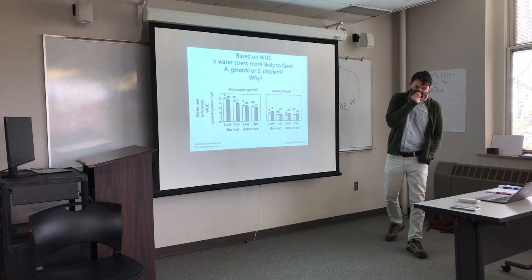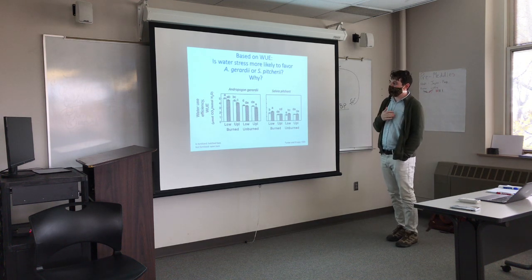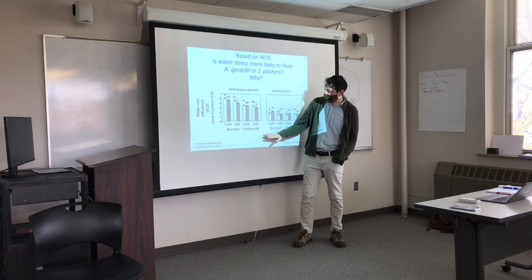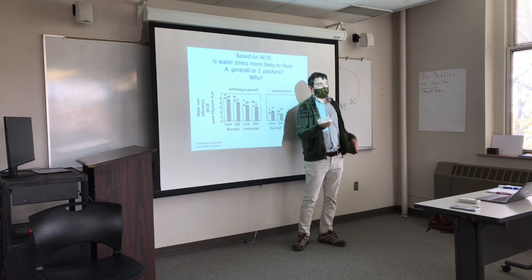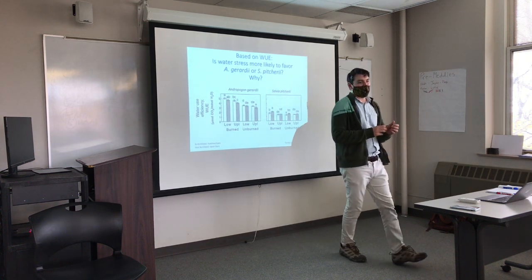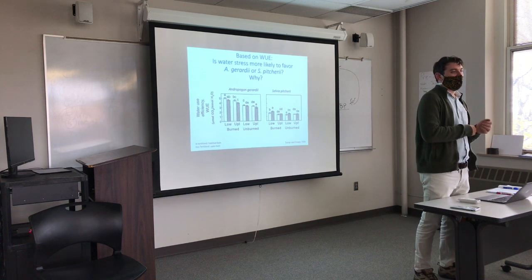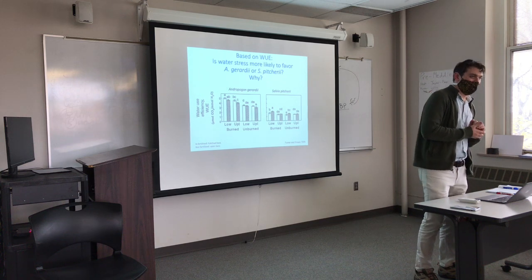What about water use efficiency? Is water stress more likely to favor big blue stem or blue sage? Here we've got unburned versus burned, and lowland versus upland. Do you think a lowland or an upland is going to be more water stressed for a plant? If you're a plant, and you need a lot of water, would you rather grow in the lowlands or in the uplands up on a hill slope?